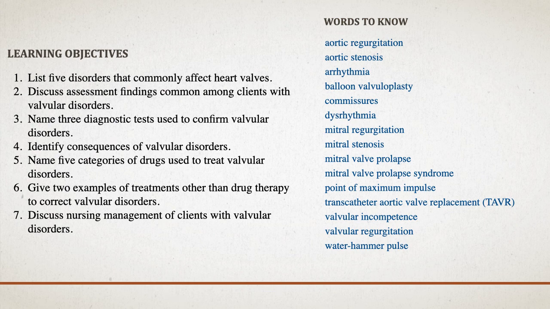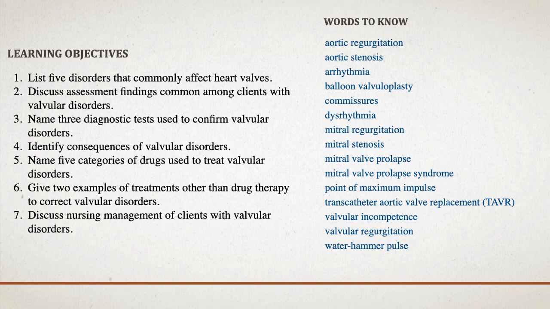So our learning objectives for Chapter 24, you can find this list in your book. We need to know 5 disorders that commonly affect heart valves. You should also be able to discuss the assessment findings common among clients with valvular disorders, as well as name 3 diagnostic tests to confirm valvular disorders.